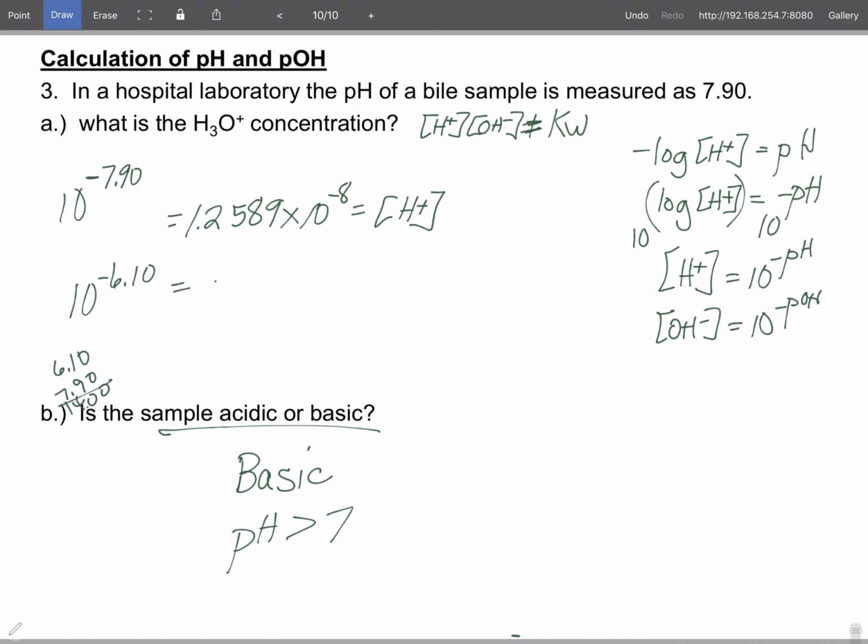That should give you a concentration of 7.94328 times 10 to the minus 7, which is the hydroxide ion concentration. So if you look at it, it's slightly greater, so that actually makes sense that we would have that value there. Okay, so this is how we do pH from hydronium and hydroxide ion concentrations.